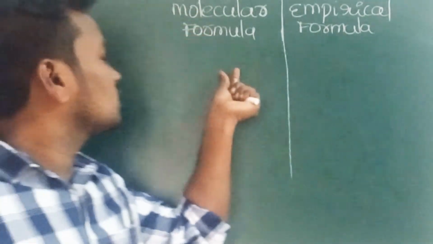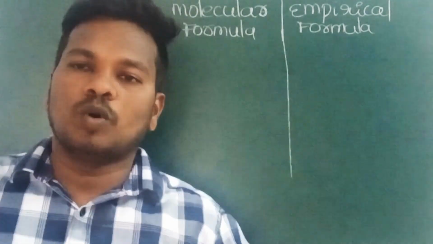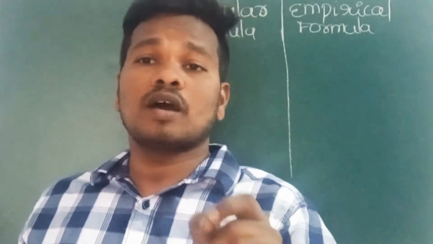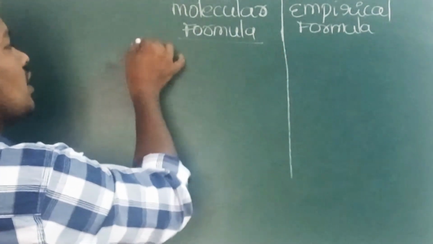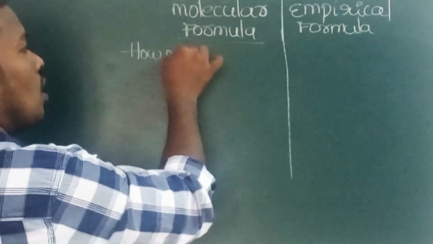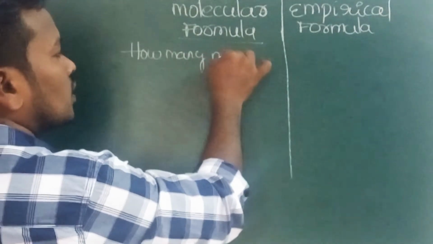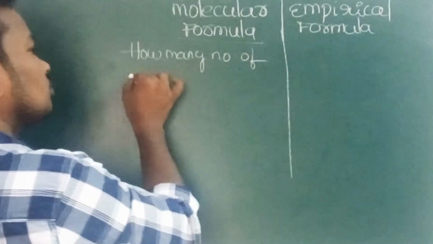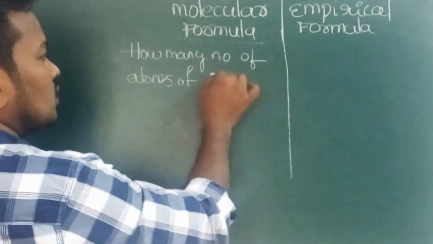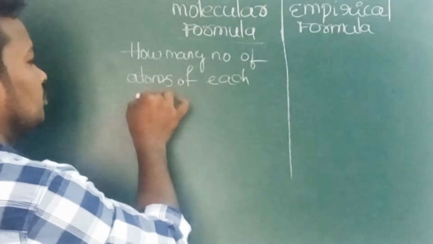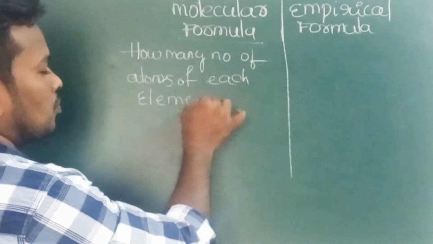So this discusses, in a given compound, how many atoms of each element are present. So the molecular formula gives the information about how many atoms of each element are present.